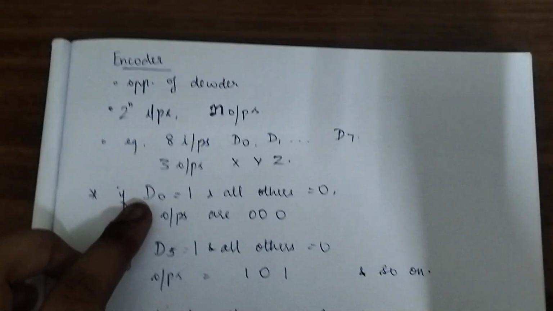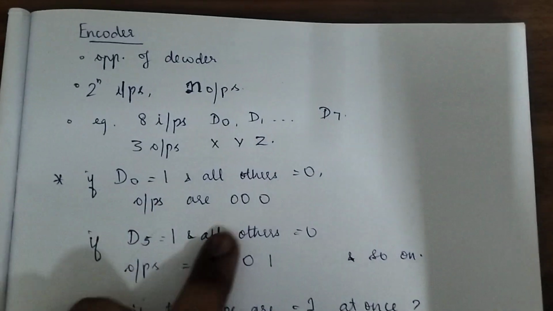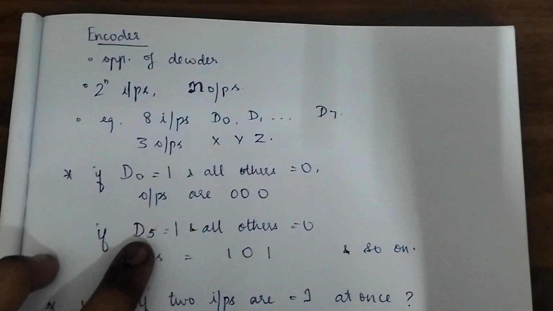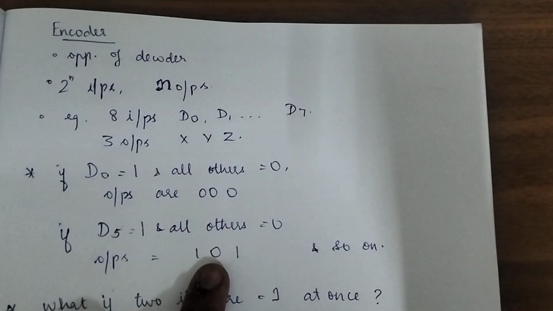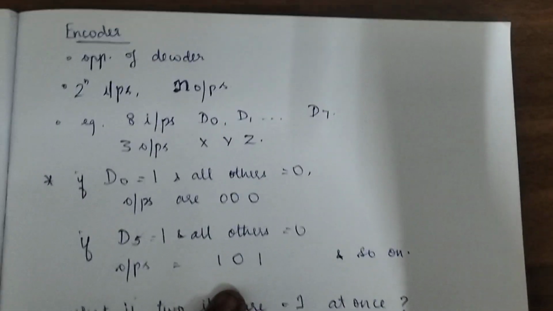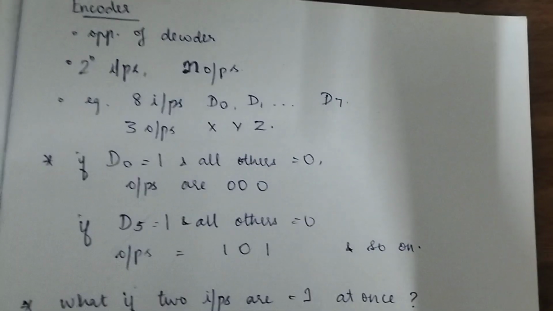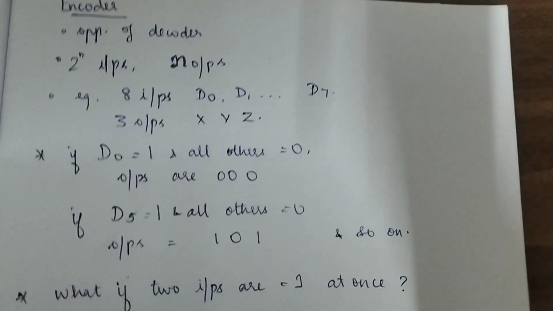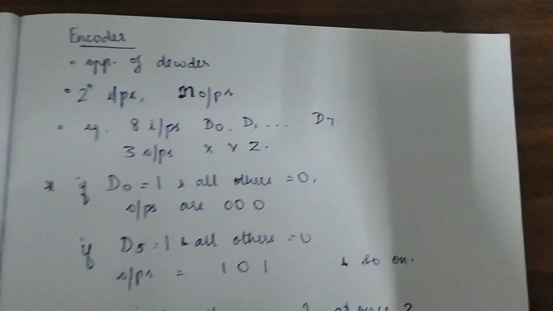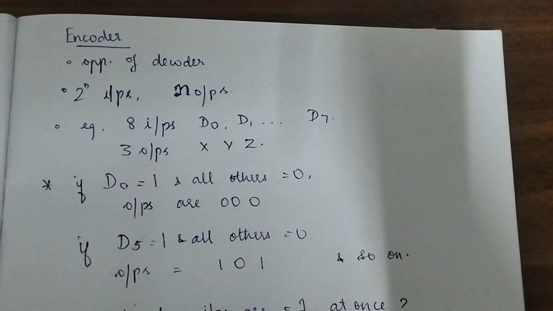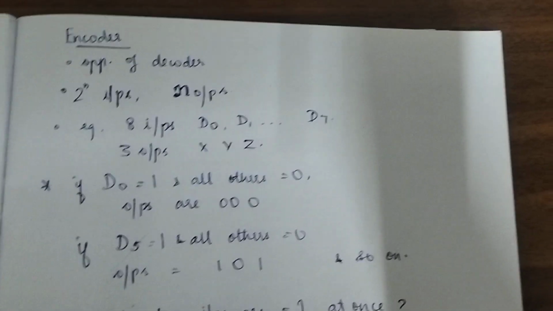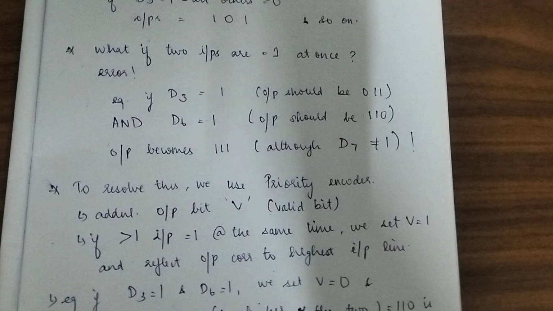If your D0 is 1 and all others are 0, your output will be 0, 0, 0. If your D5 is 1 and all others are 0, corresponding to 5, your output will be 1, 0, 1. If your D4 is a 1 and all others are 0, your outputs will be 1, 0, 0, and so on. This is assuming at any given point at most one of my inputs is equal to 1 and all others are 0.